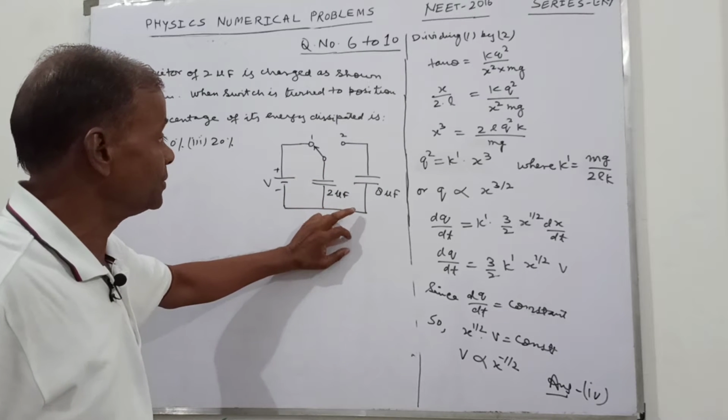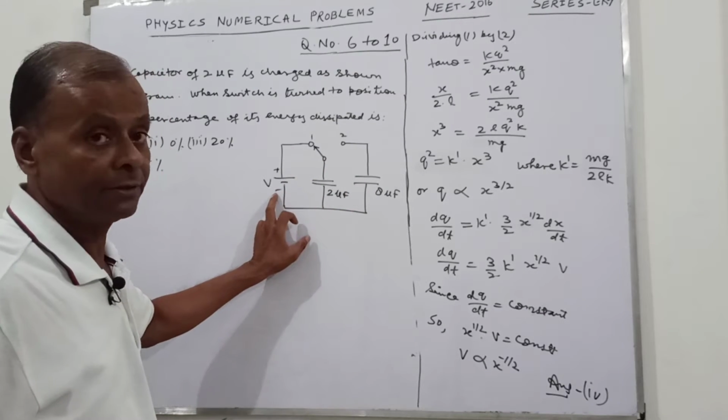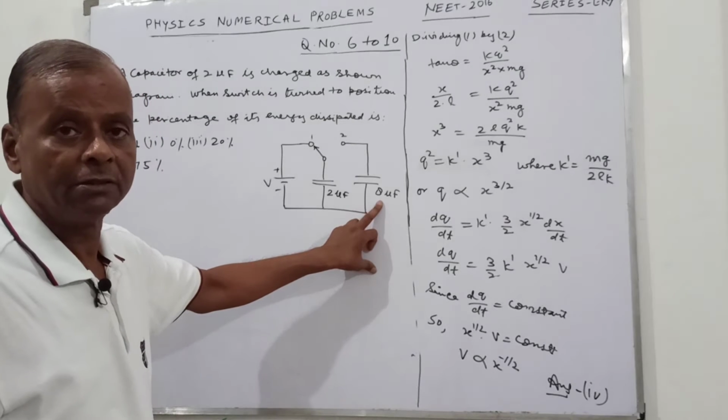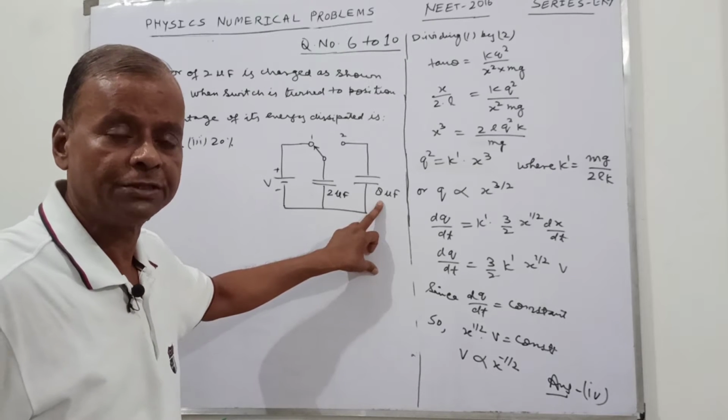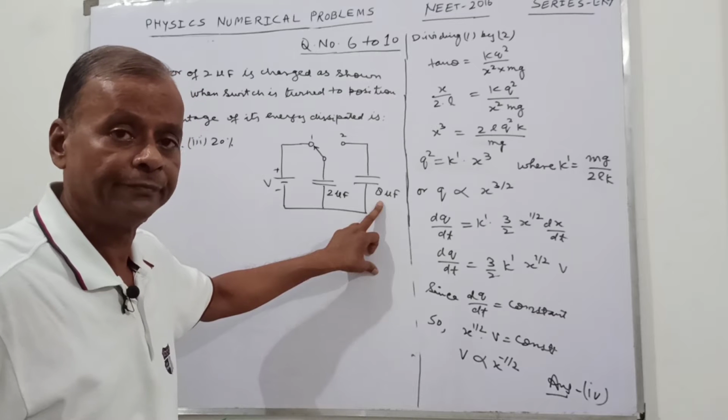So you can see that this is at the voltage V and this is not connected to the battery, so its voltage is 0.